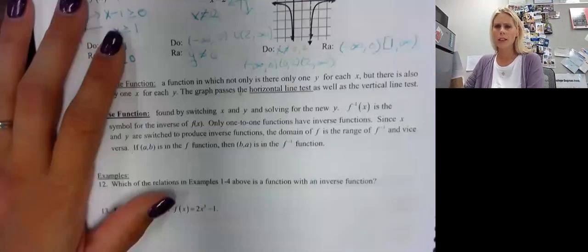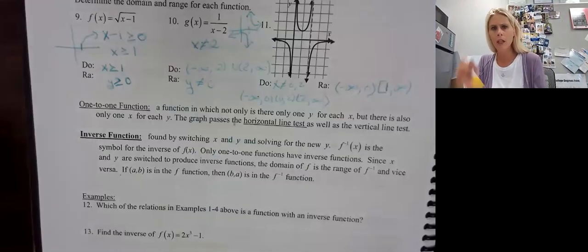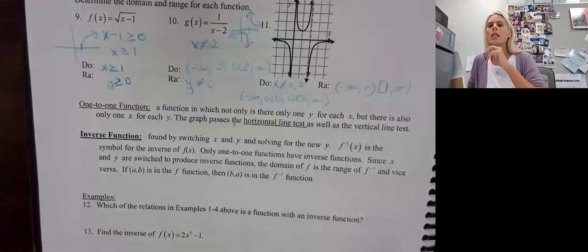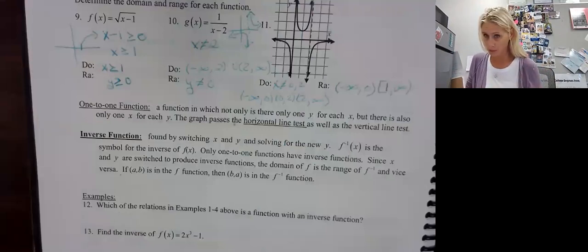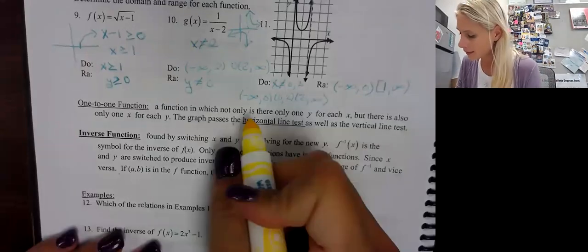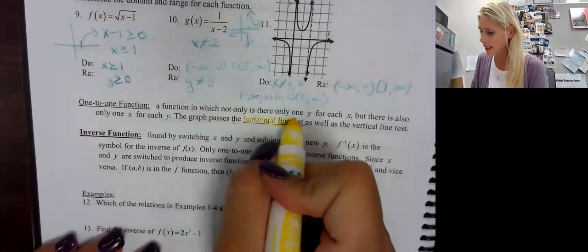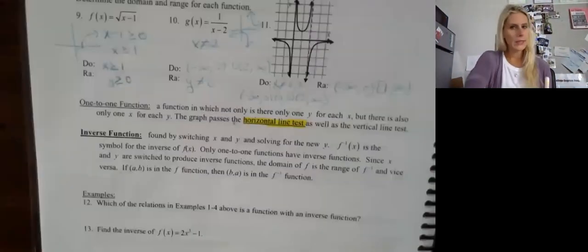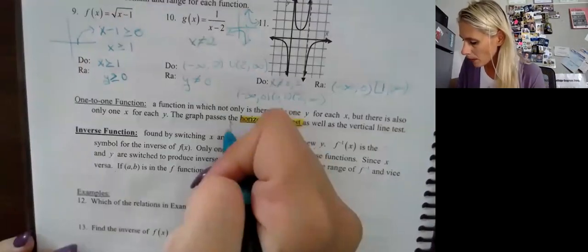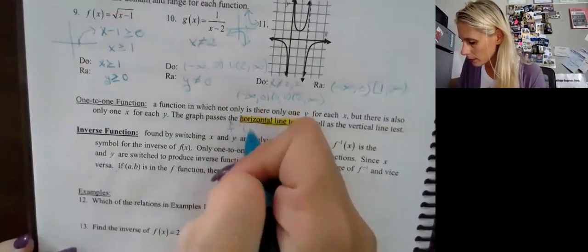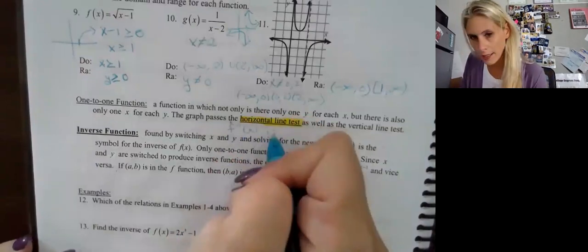Some of you may have heard this, not everyone might have. 1 to 1 means that the function's inverse is also a function. So the way to do that is you could do the graph and do what's called a horizontal line test. So the horizontal line test, sorry guys, is to see if the inverse is a function.